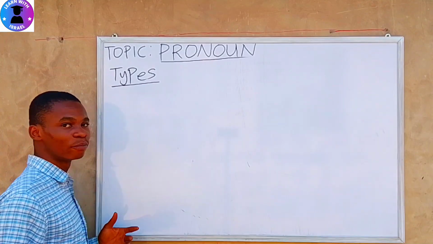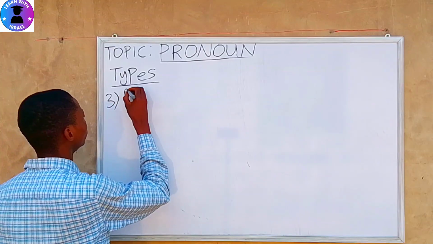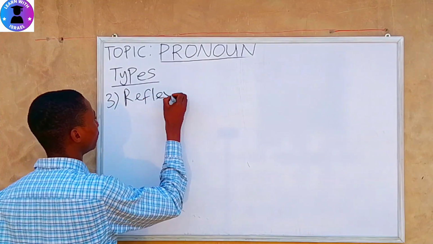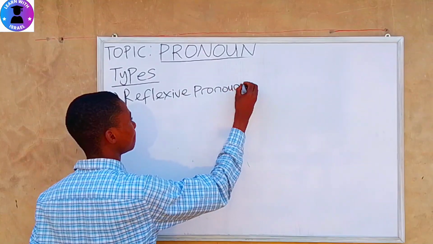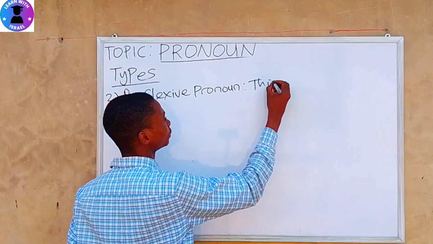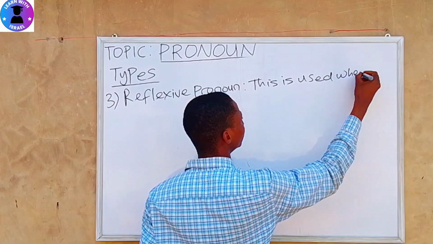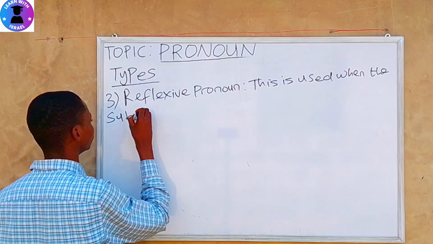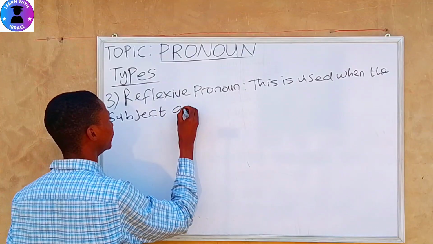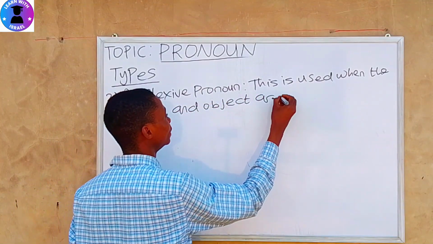So the next type of pronoun we'll be talking about is reflexive pronoun. Reflexive pronoun. This is used when the subject and object are the same.